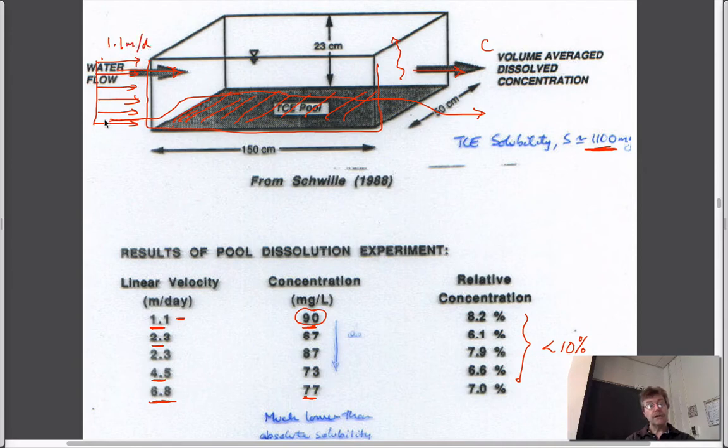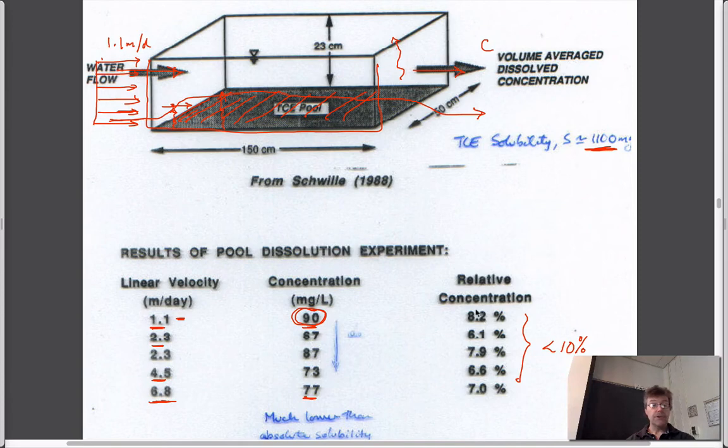As this water goes across the top, it's certainly in intimate contact with the pool, but for the stuff that's 10 centimeters above it, the pool has to diffuse up through here to get to that point before it can be carried out. And of course, it's continuously being washed away from the bottom. So the issue is that it can't diffuse fast enough to get up into the mainstream to be carried away at a higher concentration than something like 10%.